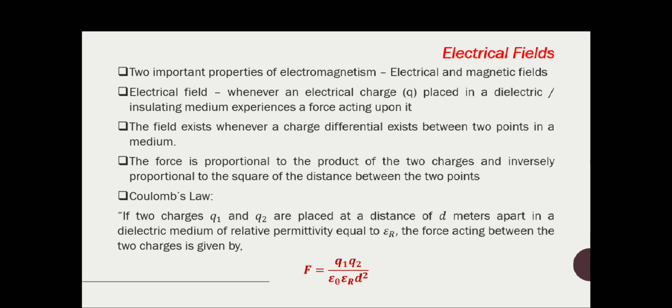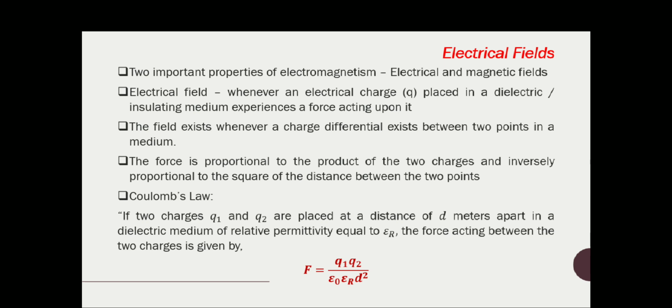From this definition, we can conclude that the electrical fields are forces. So the field exists whenever a charge differential exists between 2 points in a medium. So the force is proportional to the product of two charges and inversely proportional to the square of the distance between 2 points.